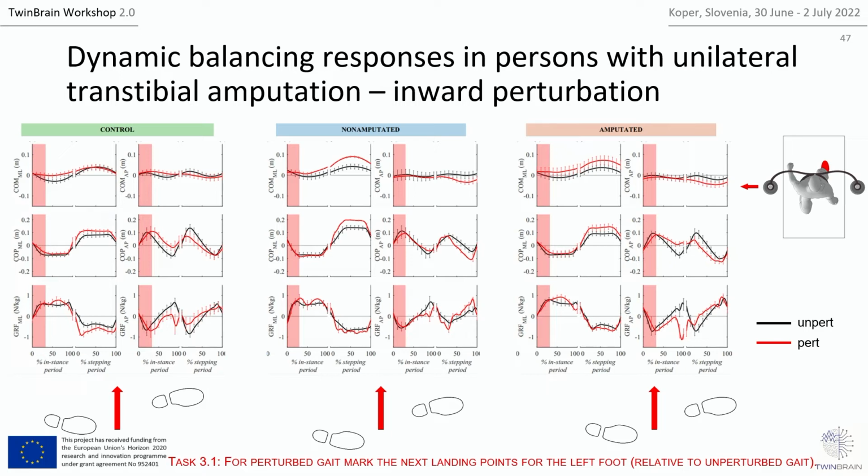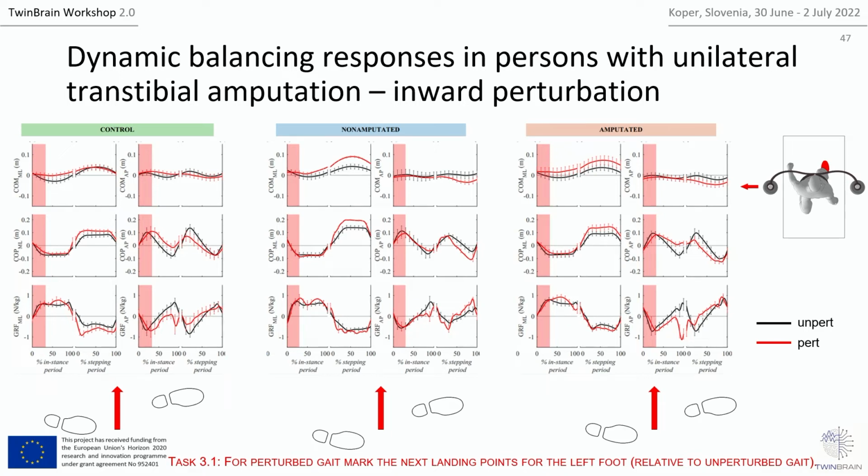The top graphs show the displacement of the center of mass in the anterior-posterior direction and in the medial-lateral direction. The middle graphs show the displacement of the center of pressure in the medial-lateral and anterior-posterior directions, and the bottom graphs show the ground reaction force in the medial-lateral and anterior-posterior directions.